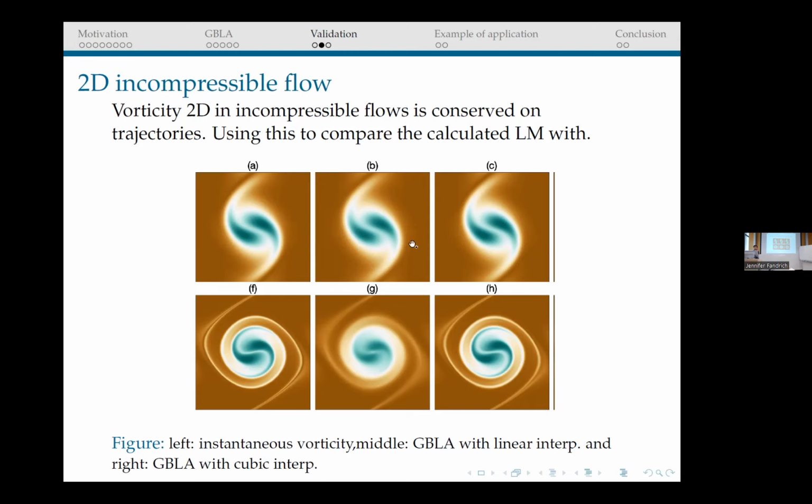As you can see, the middle column is my GBLA with linear interpolation, and the right column is my GBLA with cubic interpolation. At early time, which is the top row, even linear interpolation does a very good job capturing the Lagrangian mean. And then with a much longer averaging period, linear interpolation starts becoming inaccurate, but cubic interpolation is still quite accurate if you compare by eye.